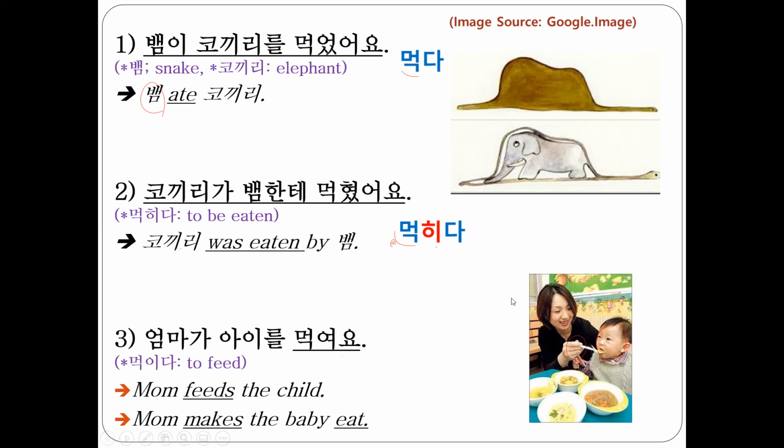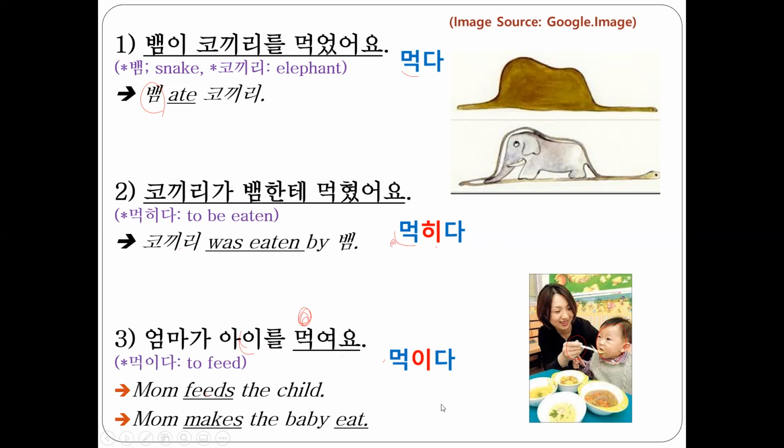The dictionary form is 먹이다. 엄마 does this action, but this action also makes or causes this child to do an action. So we call this kind of verb causative verb. Mom feeds the child, mom makes the child or baby eat.